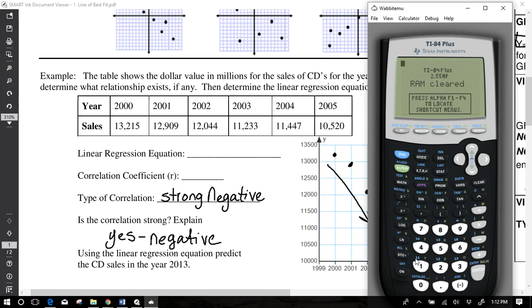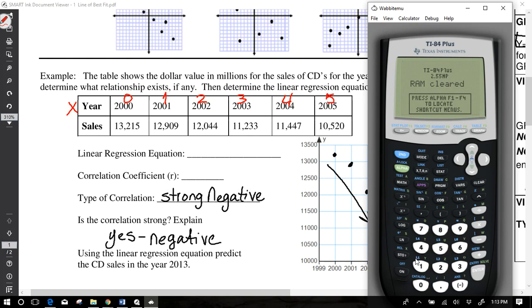Now, because this problem has years, 2000, 2001, 2002, whenever we are doing a problem like this that has years in the X value spot, we don't type in the actual year. So this is the X. What we use is the very first year that they give us, we type in 0, and then 1, 2, 3, 4, and 5.